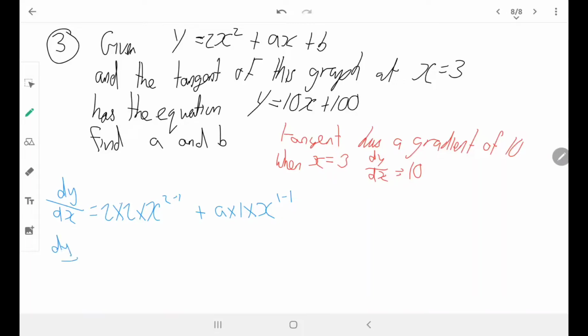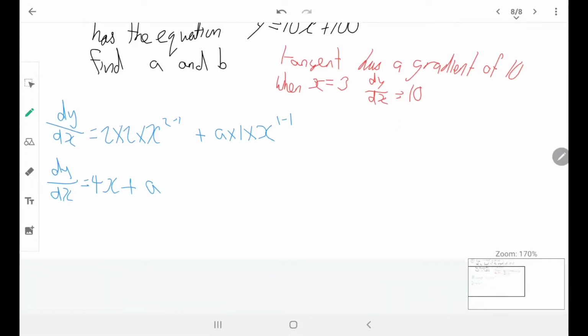So dy over dx, 2 times 2 is 4, and then we have x to the power of 1, or just x. And then we have a times 1 is a, and then that's x to the power of 0. Now I'm going to use this when a tangent has a gradient of 10, or dy dx equals 10 when x is 3.